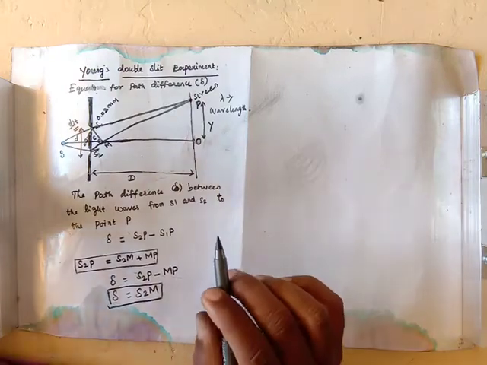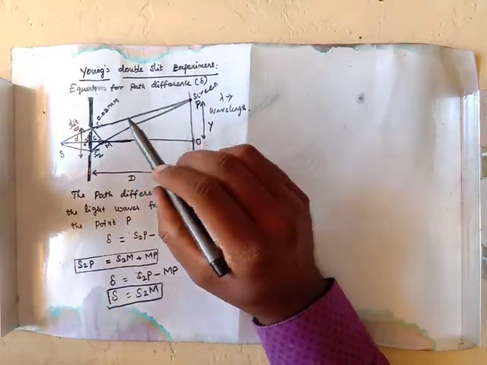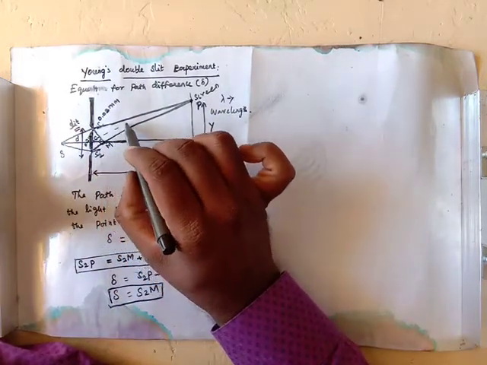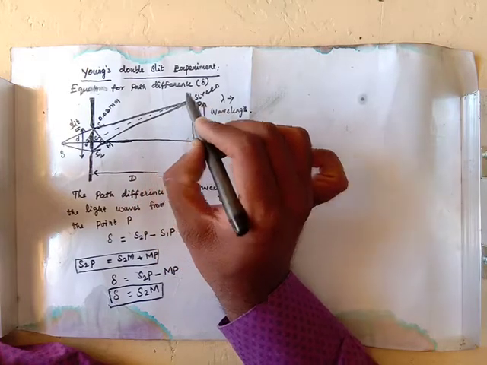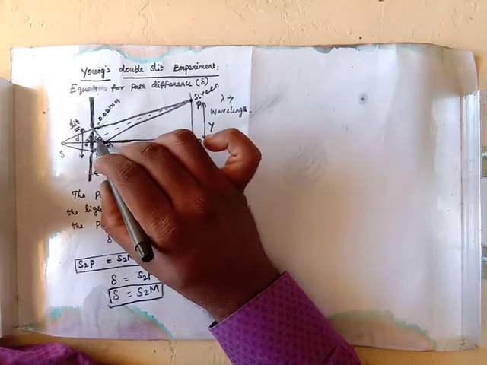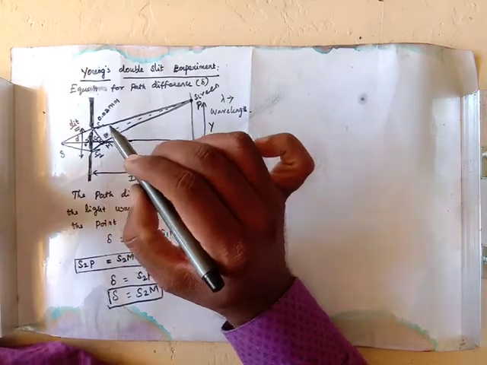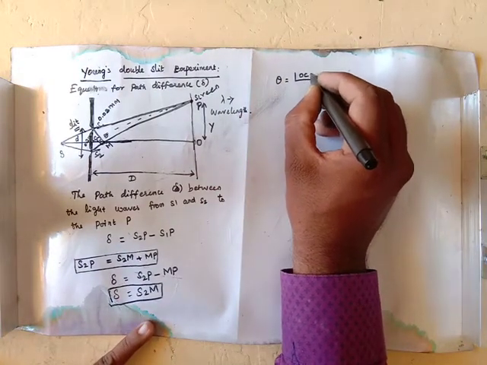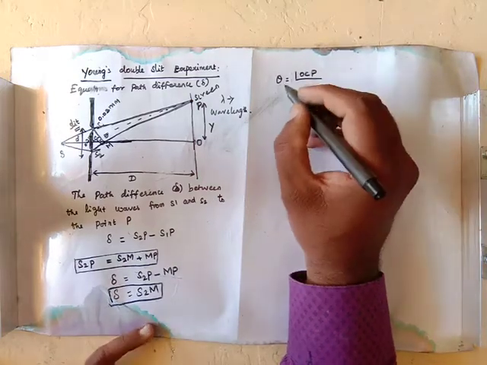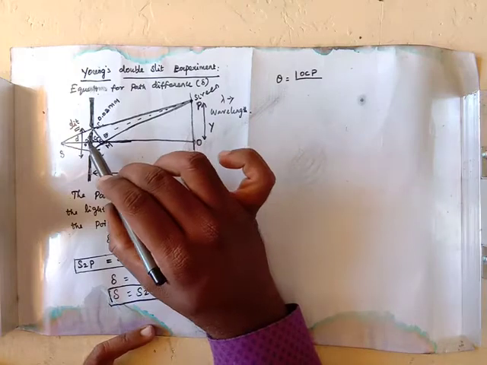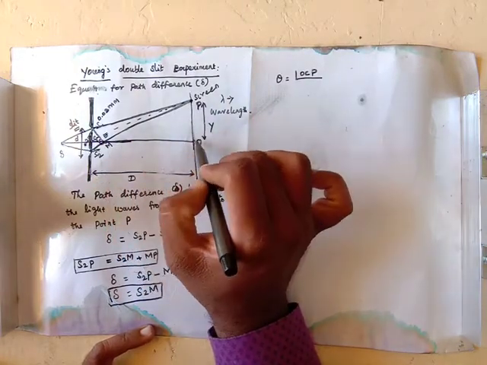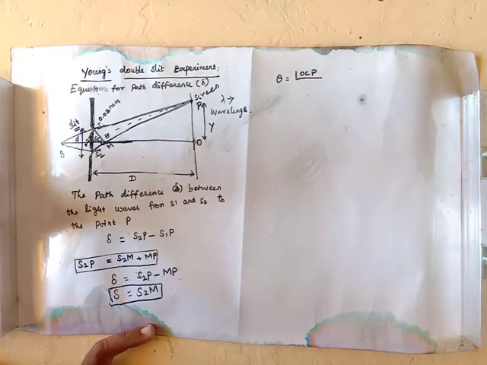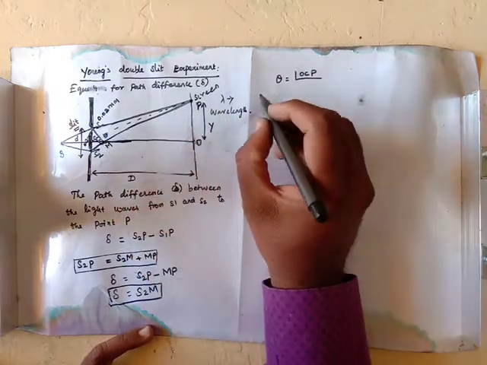To calculate the value of the path difference, we take the angular position of P from C. The angular position of P from C has the angle theta. So theta is equal to the angle OCP.